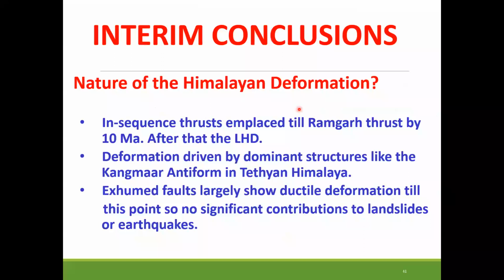So then the nature of Himalayan deformation: you have in-sequence thrusts in place, with longer thrusts until 10 million years. After that, the LHD is dominant, and deformation is driven by dominant structures like the Kangmar antiform, and the exhumed faults largely show ductile deformation.